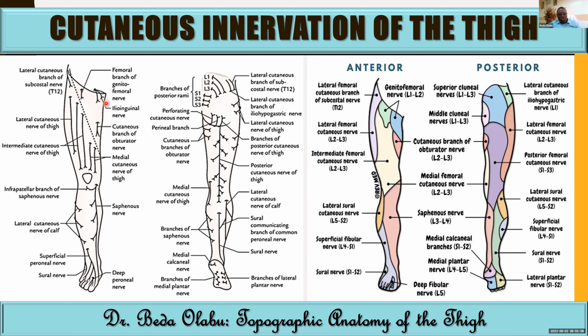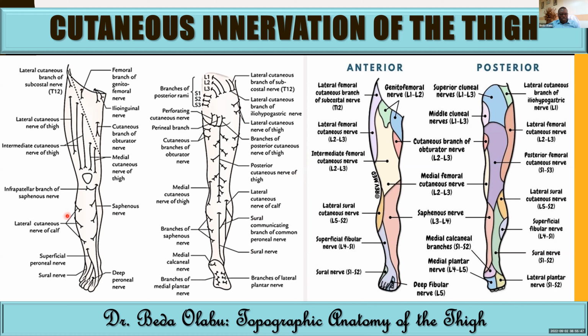So femoral branch of the genitofemoral nerve, ilioinguinal nerve, obturator nerve, and finally the medial cutaneous nerve of the thigh are all the nerves that supply the skin of the middle aspect of the thigh. They contribute to various dermatomes on the upper part, could be mostly L1. As you go down, we go to L2 and then L3. So basically that summarizes the cutaneous innervation of the skin of the thigh.